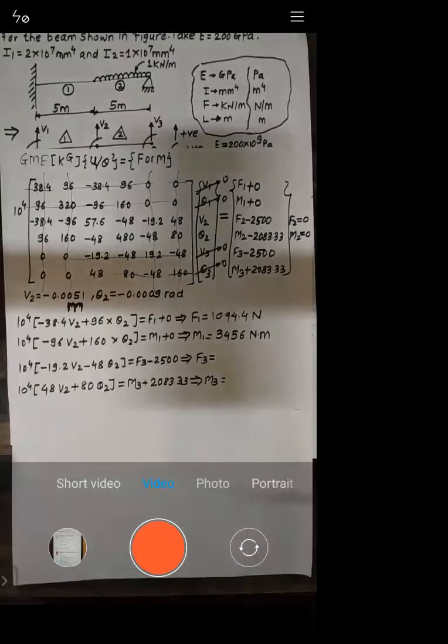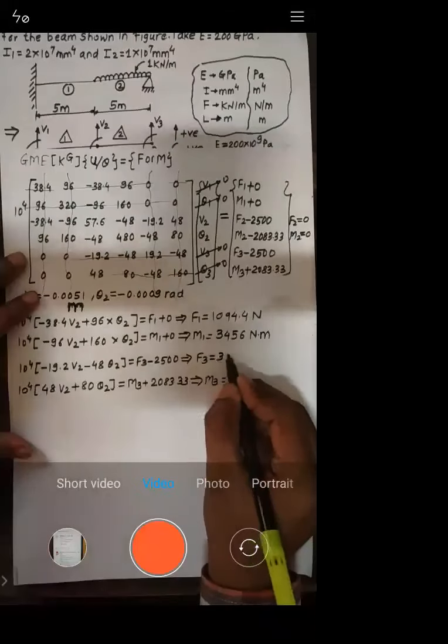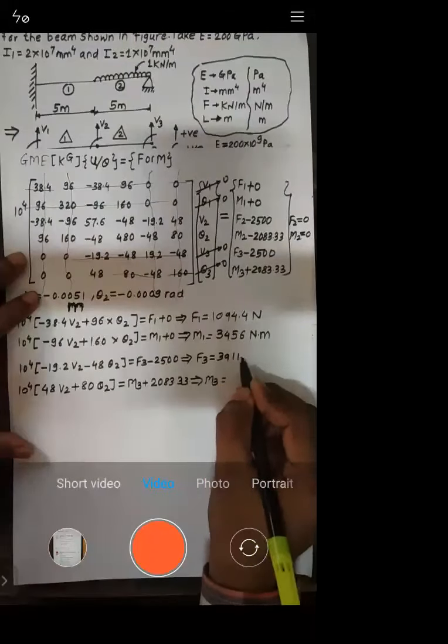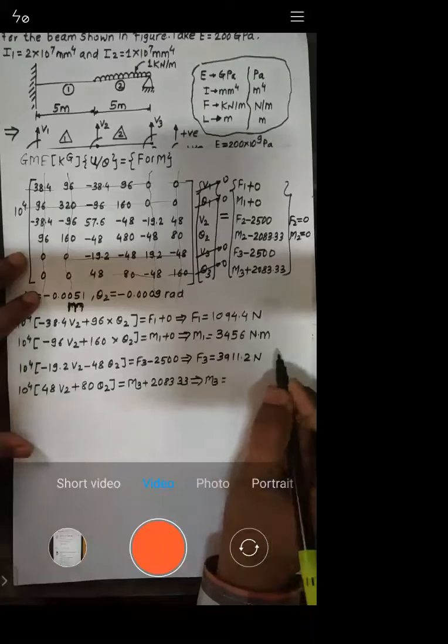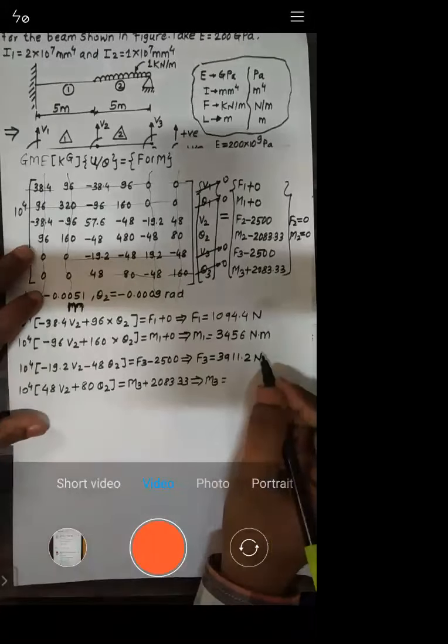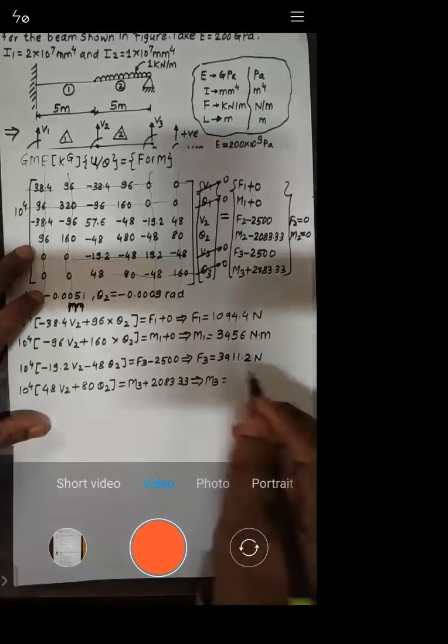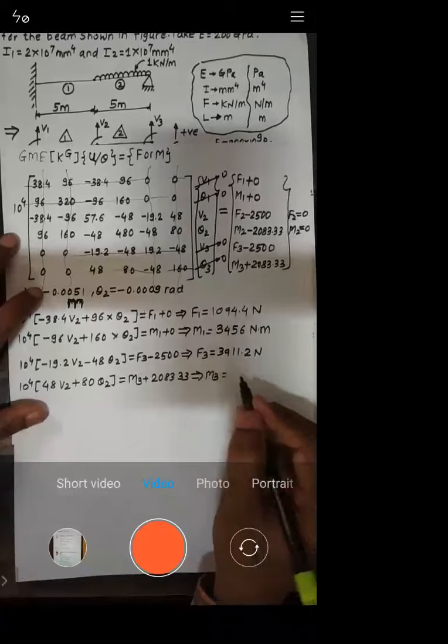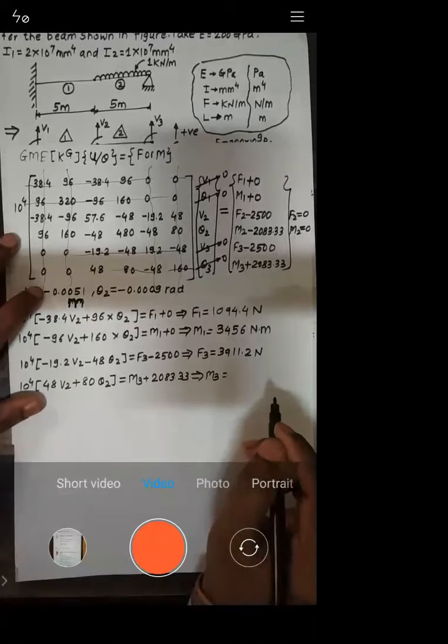We know immediately. F3 is 3911.2 Newton. Now tell me M3.